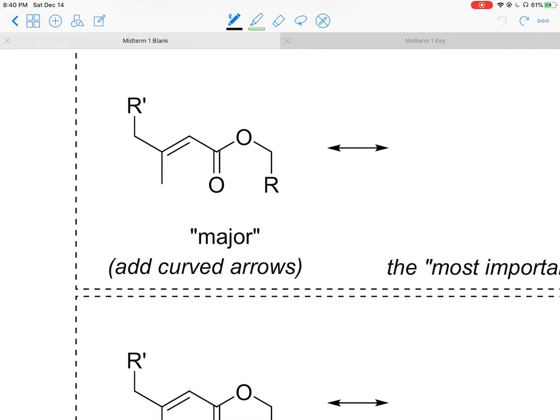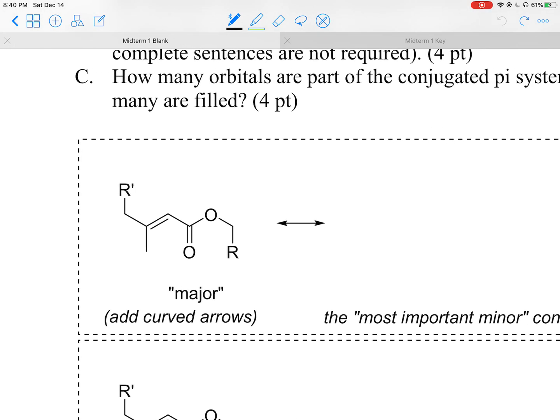So let's start. So remember that for resonance, you can draw electrons going from pi bond to pi bond. You can draw electrons going from lone pair to pi bond, or you can draw resonance going from pi bond to lone pair. So let's just write that at the top. So we can go from pi bond to pi bond.